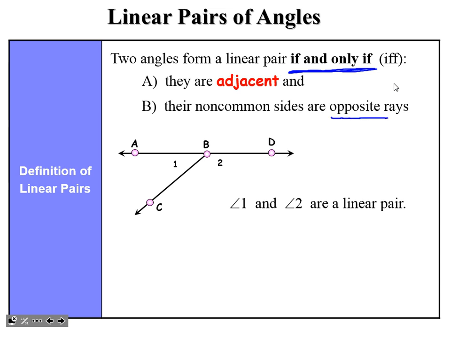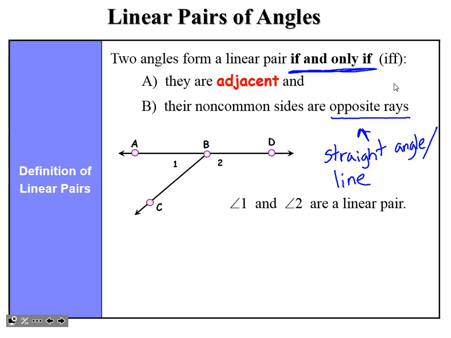So if you want to underline opposite rays and put straight angle slash line. They have to make a straight angle or a line or opposite rays. Those are all synonyms for each other. They all mean the same thing.